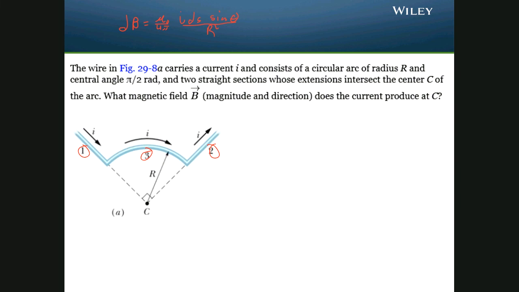Keep in mind, we're just evaluating the cross product of I ds cross r hat as the magnitude of I ds times the magnitude of r hat times the sine of the angle between them, and this magnitude is 1 because it's a unit vector. That is the advantage of using r hat.